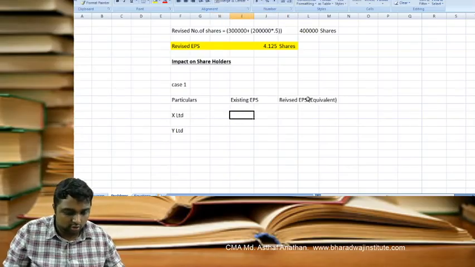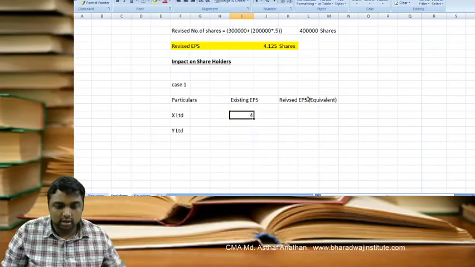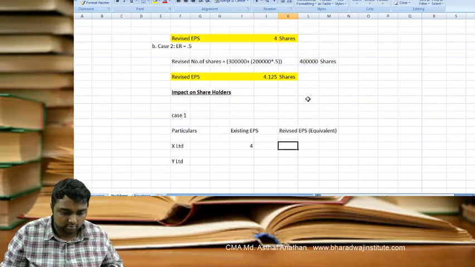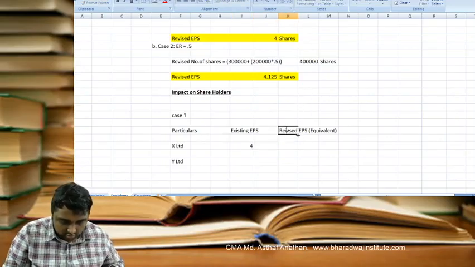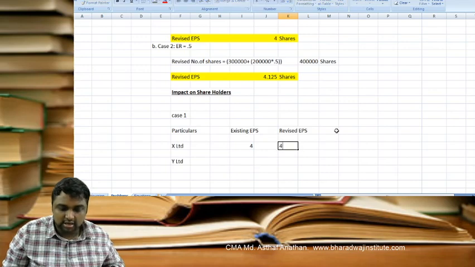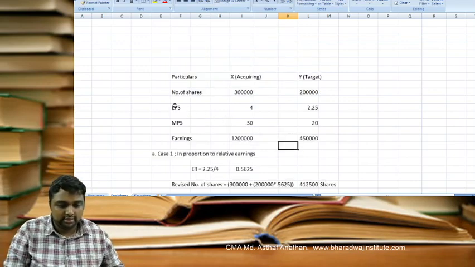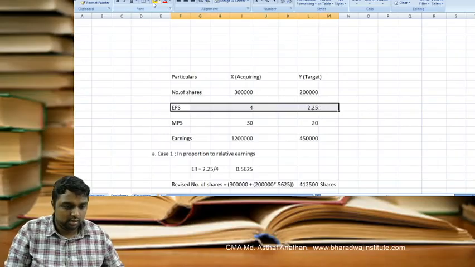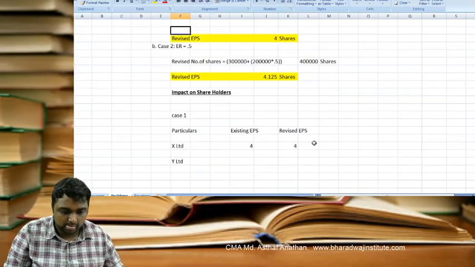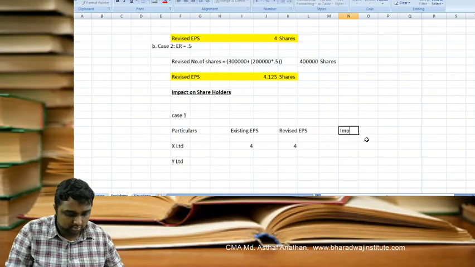See here you are getting 4. Here you are getting 4. See, here the revised EPS for X is 4. Here revised also 4. See, look here, existing is the data. Existing also 4, revised also 4. So what will be the impact? No change.